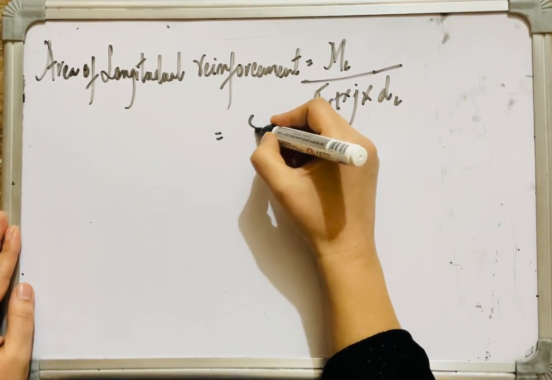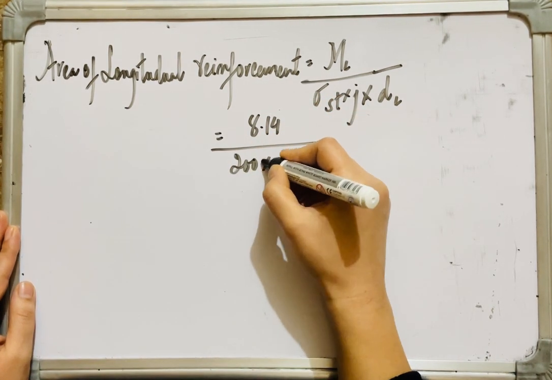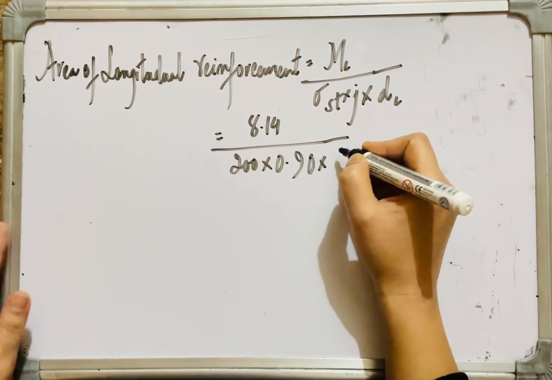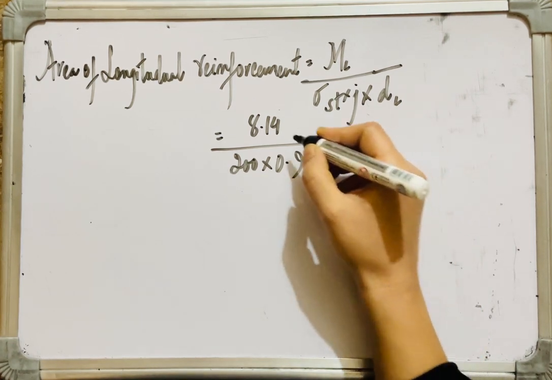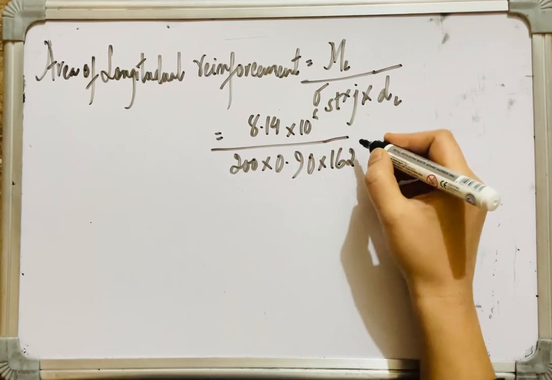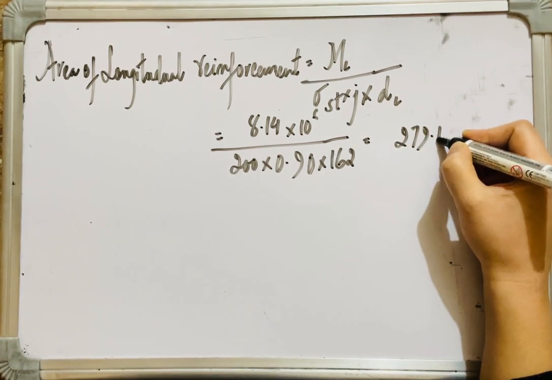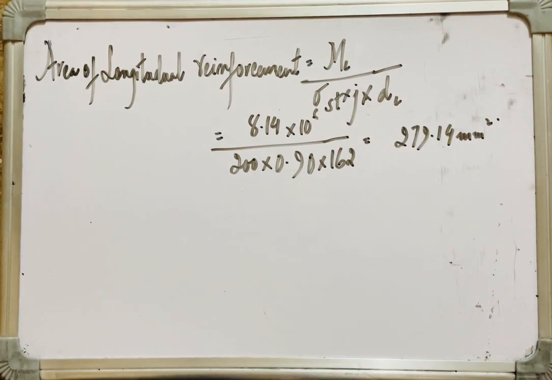ML as calculated is 8.14 times 10 raised to power 6, divided by sigma st from the tables 200, lever arm factor 0.90, and effective depth, as we just saw, 162. By calculations this is equal to 279.14 mm square. This is the area of the longitudinal reinforcement required.